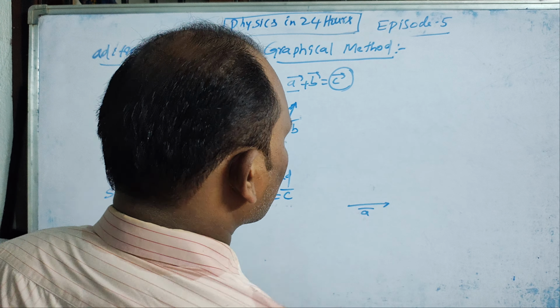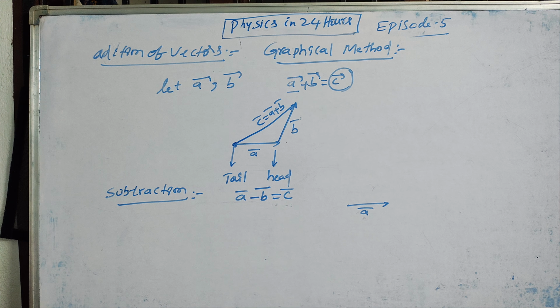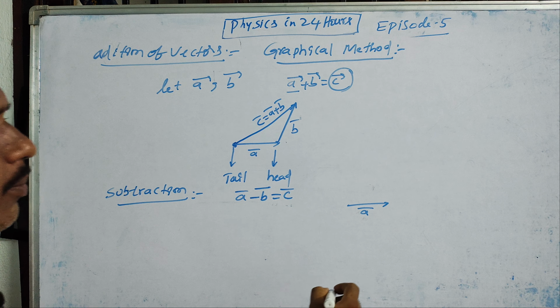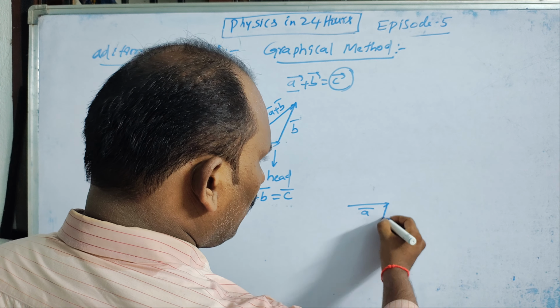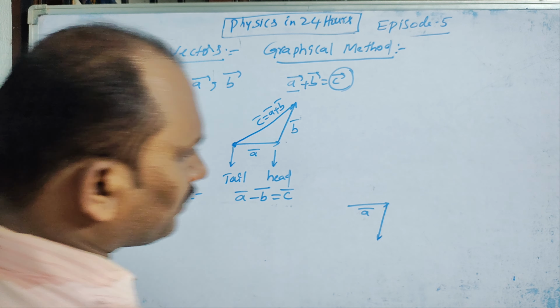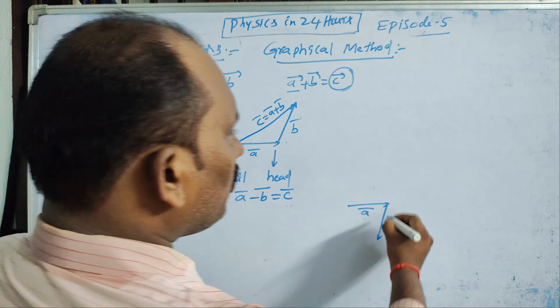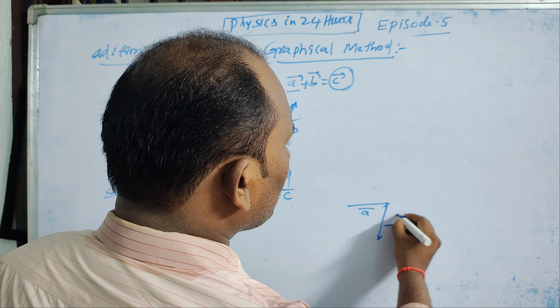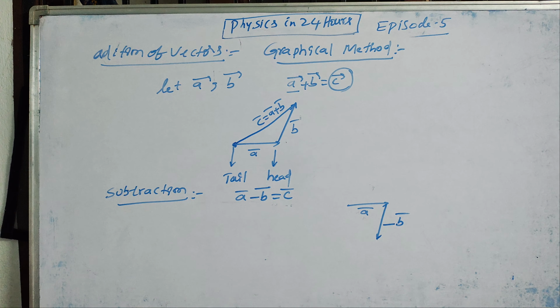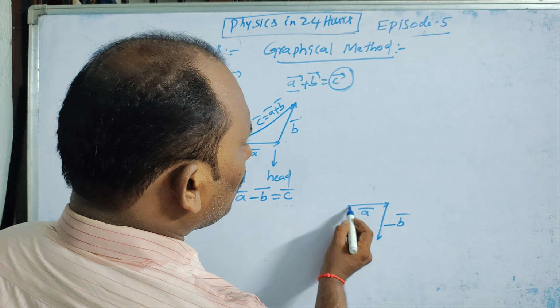Just now I told, head of A bar will contact with tail of B bar. So it shows downward minus B bar. So now we will hand over to C bar is equal to A bar minus B bar.